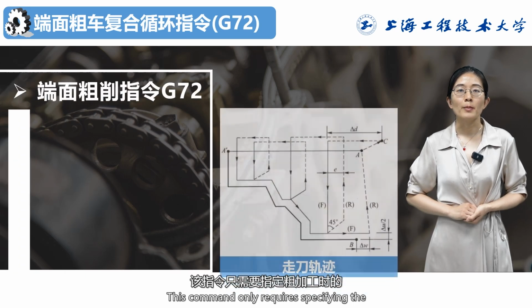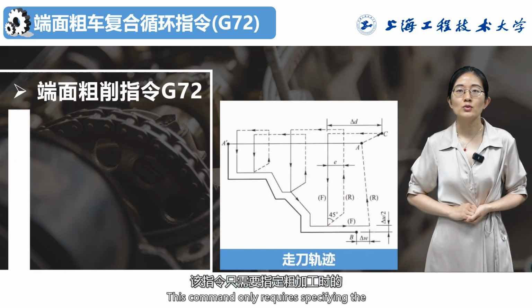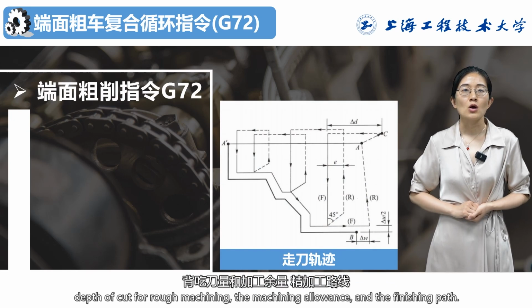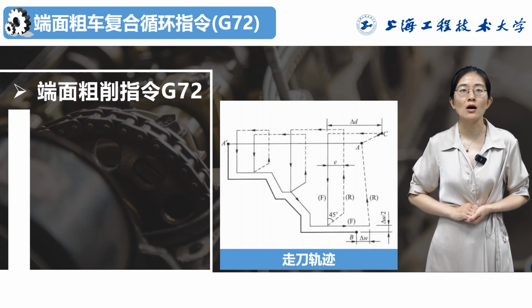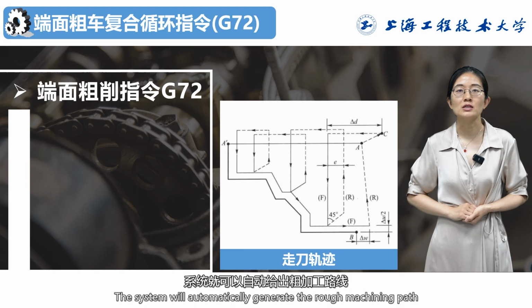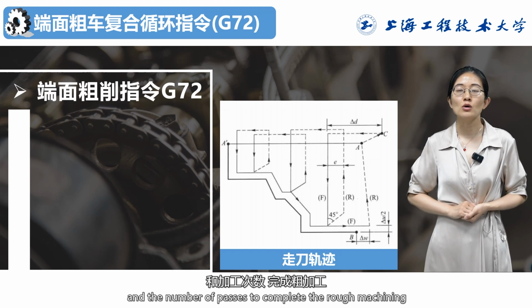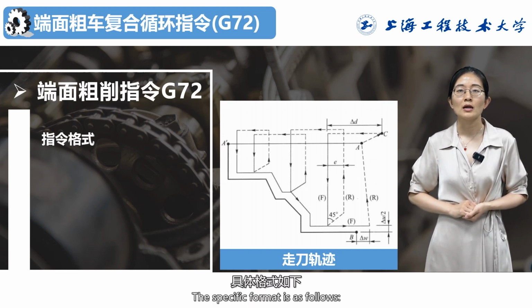This command only requires specifying the depth of cut for rough machining, the machining allowance, and the finishing pass. The system will automatically generate the rough machining pass and the number of passes to complete the rough machining. The specific format is as follows.